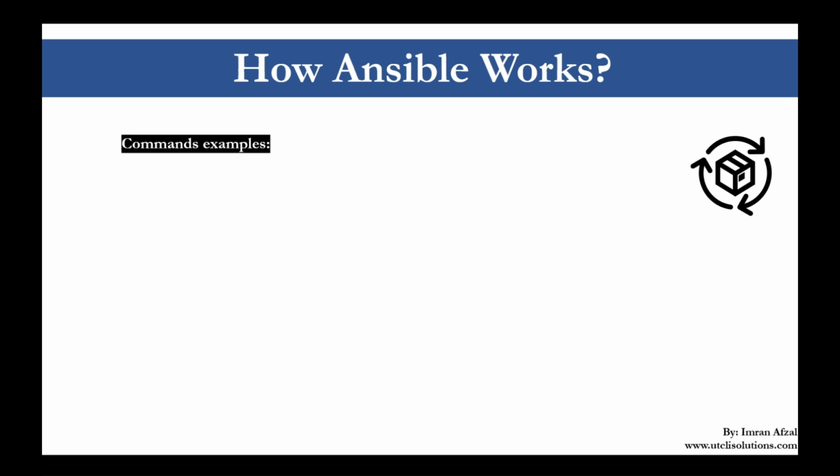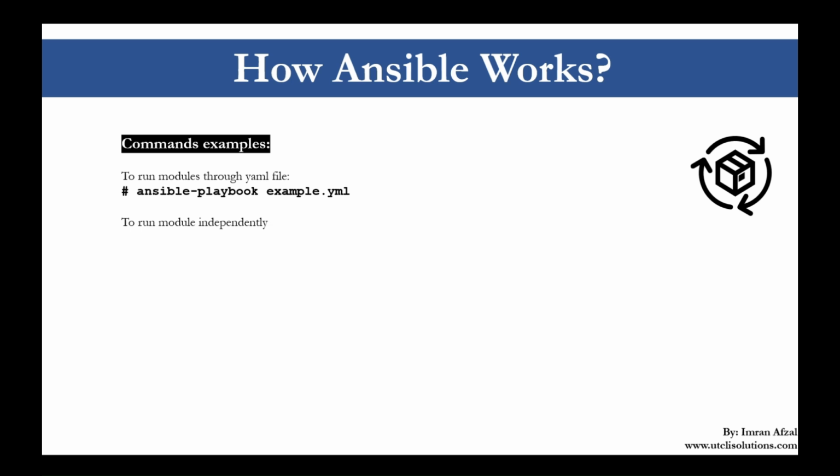All right, moving on, command examples that are used to run Ansible. To run modules through a YAML file, you would have to run the command ansible-playbook. That's all one command, space, followed by the name of the YAML file. Then it will simply go through all the modules you have written inside of the YAML file and execute them sequentially.